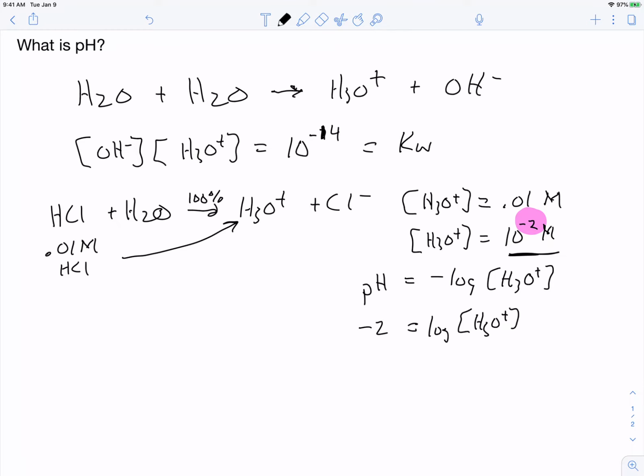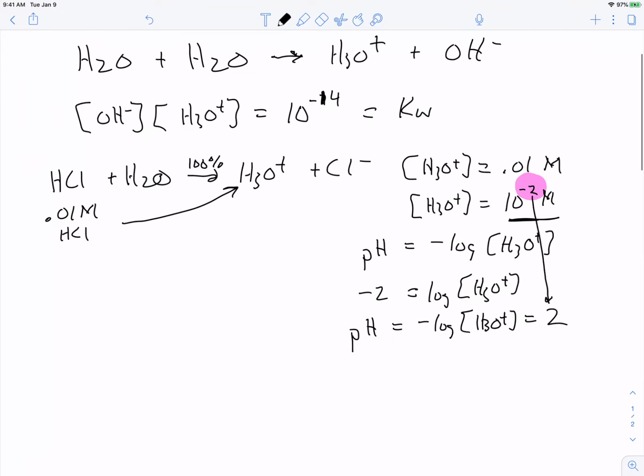Chemists just thought it would be nice to have a positive number. So pH equals the negative log of the hydronium concentration, which in this case is going to equal 2. So simply, we're taking that number as an exponent and making it positive.